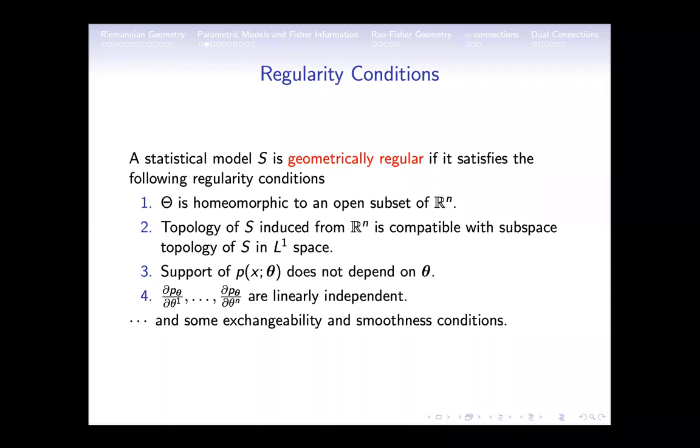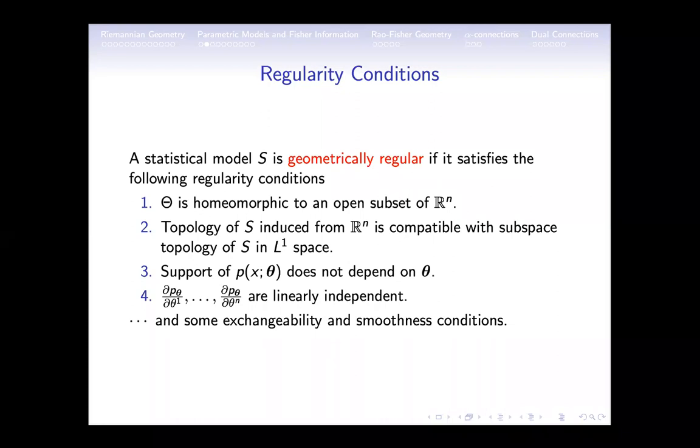We'll start with modeling it as a smooth manifold, so we need a homeomorphism from an open subset of Rn, which in this case is the parameter space. These parameterizations are basically the charts, the coordinates. And the topology of S induced from Rn is compatible with the subspace topology of S in L1 space. That's also important.